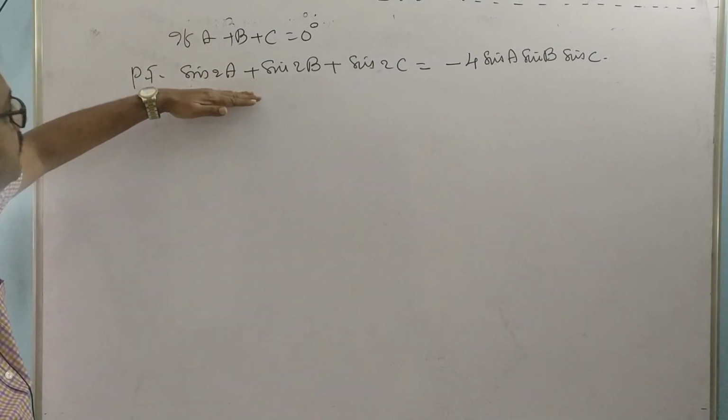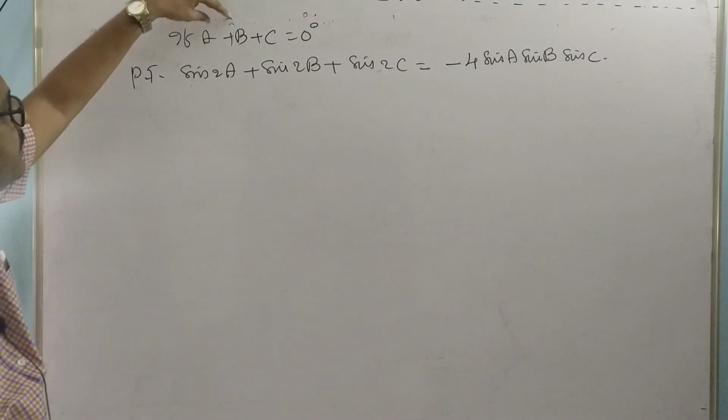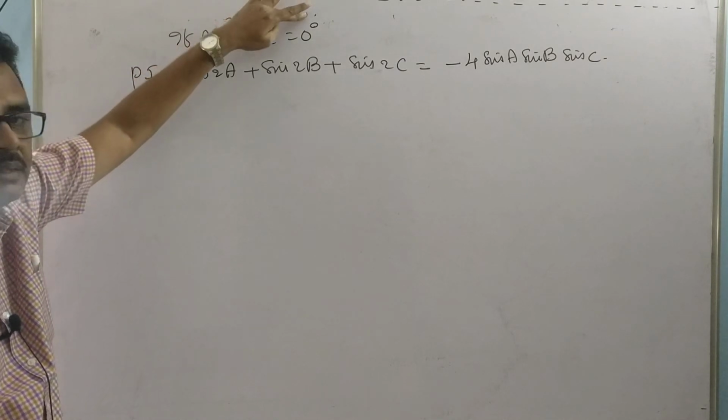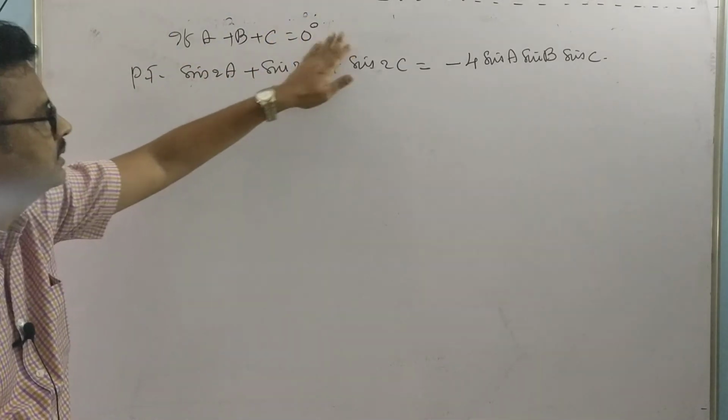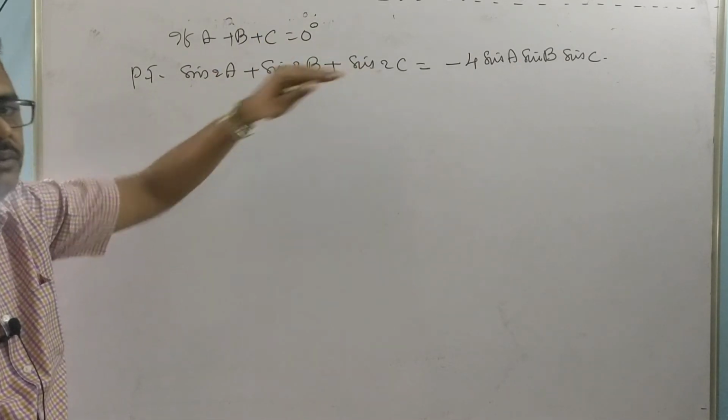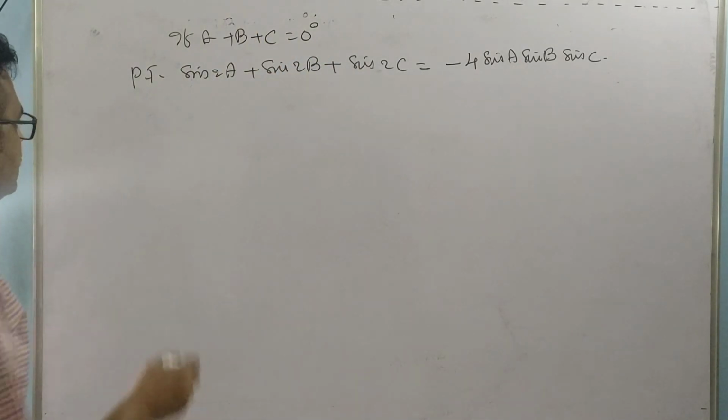Same as the previous sum, but the only thing is, in the previous sum A plus B plus C equals 180 degrees, but here 0 degrees. So A plus B equals minus C, where C equals minus of (A plus B). Now this is LHS.